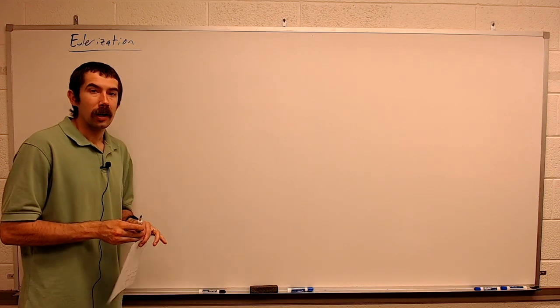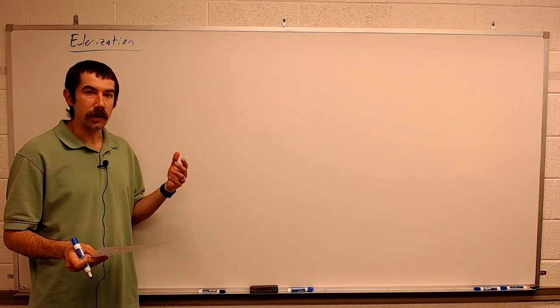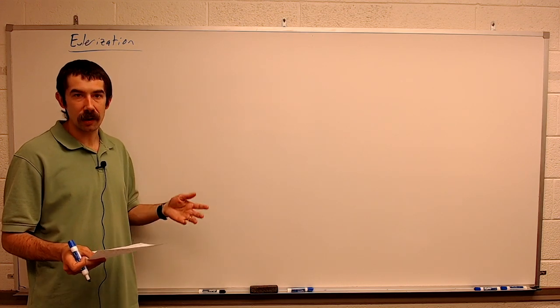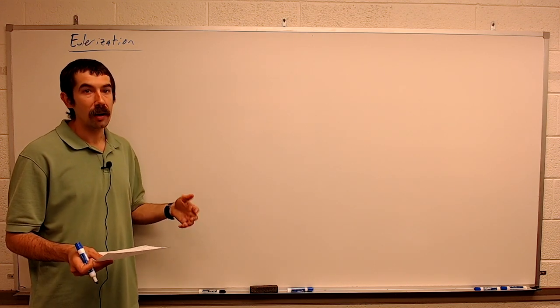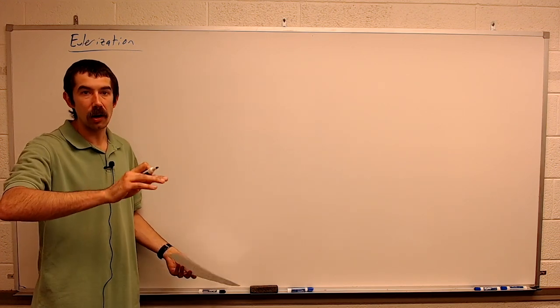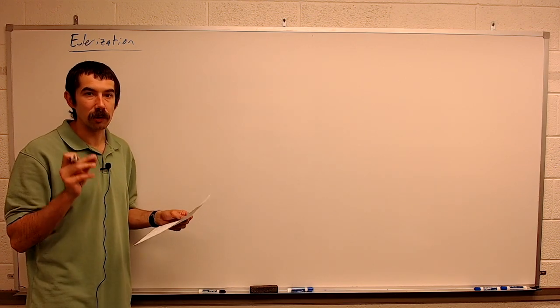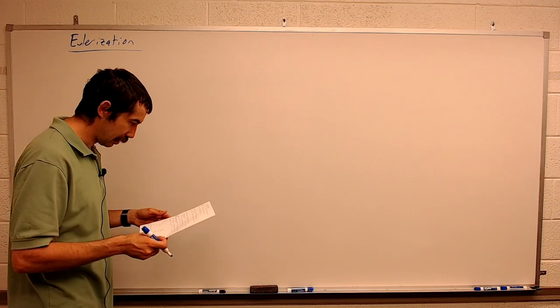Okay, so we've seen that some graphs don't contain Euler circuits and they don't contain Euler trails. But we may have situations where we want to travel along each edge, basically with as few repeats as possible. So we're going to talk about how to do that today.